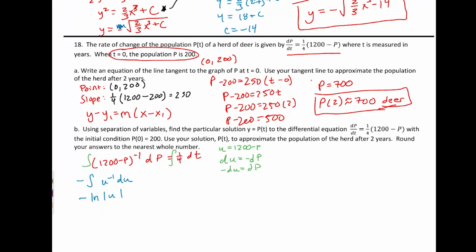And when I substitute back in the u, it's 1200 minus P. I'll have negative natural log of the absolute value of 1200 minus P equals the integral of 1/4 dt, which is just 1/4 t.